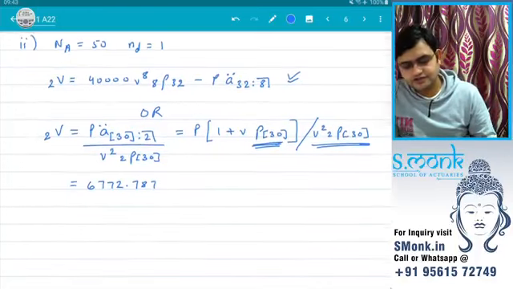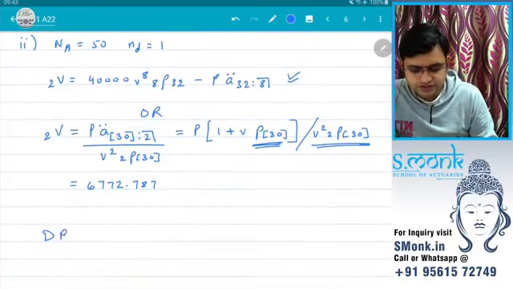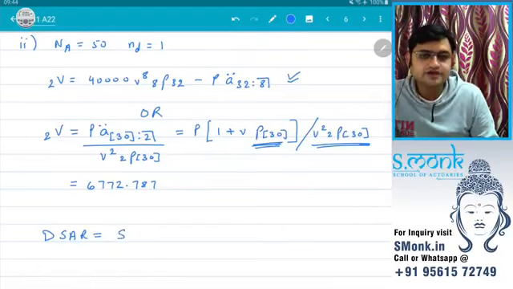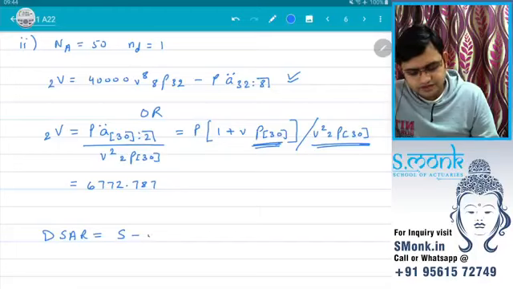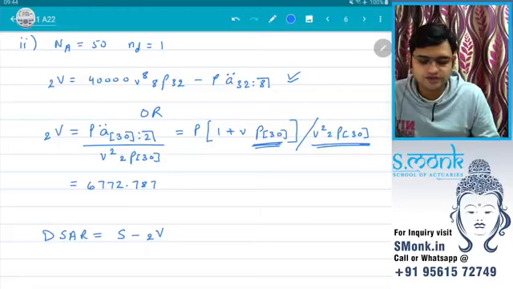After this, the calculation is so much easier. We'll calculate first DSAR, death strain at risk. Death strain at risk would be sum assured, that is death benefit given at the end of the second year, minus 2V, this is the reserve that we will be keeping, and there is no annuity, plus R, there is no R here.